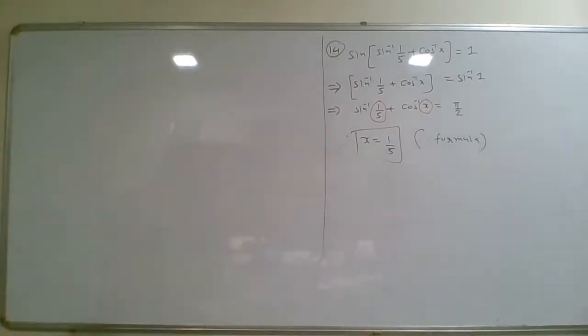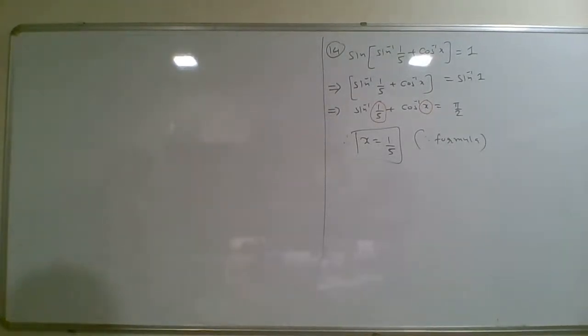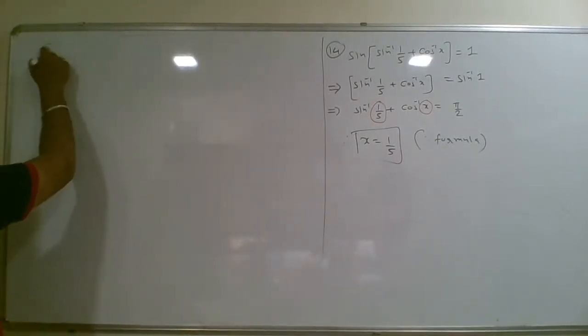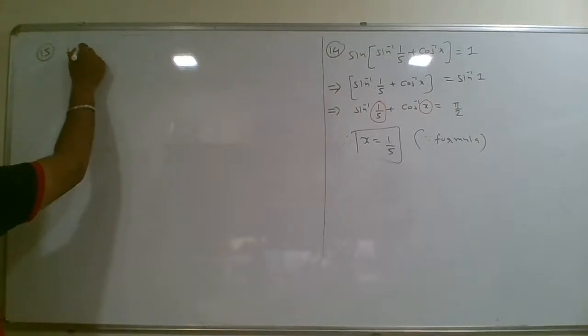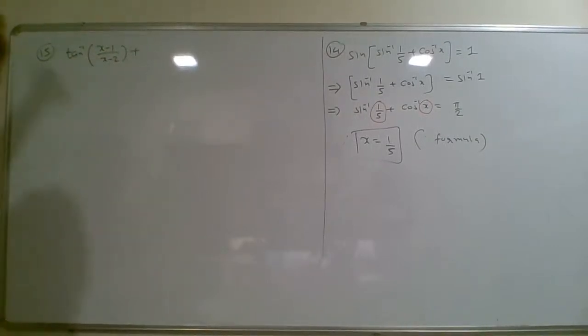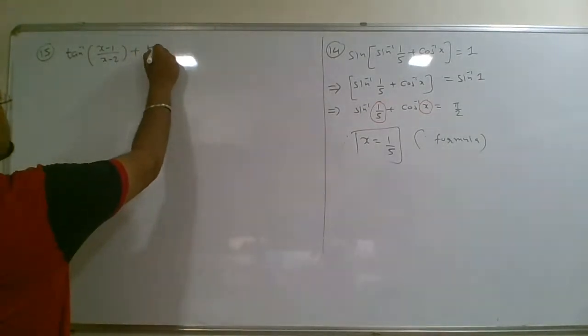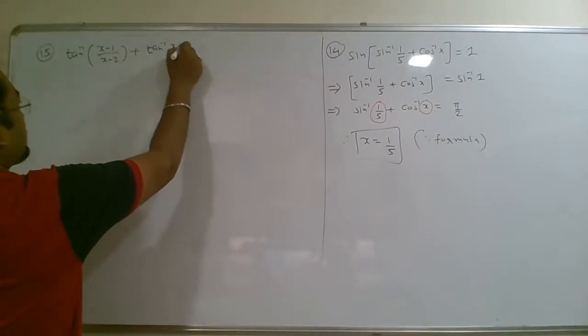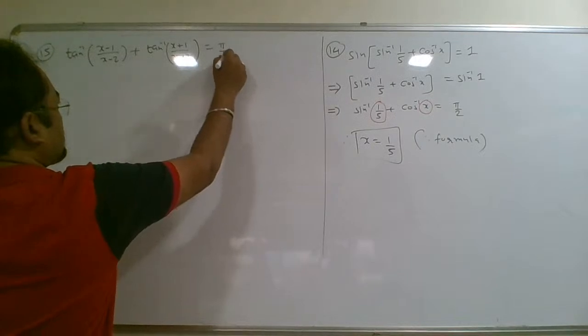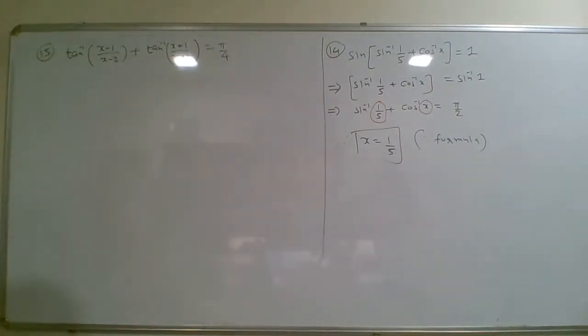Question number 15. Tan inverse of x minus 1 upon x minus 2 plus tan inverse of x plus 1 upon x plus 2 equal to pi by 4.